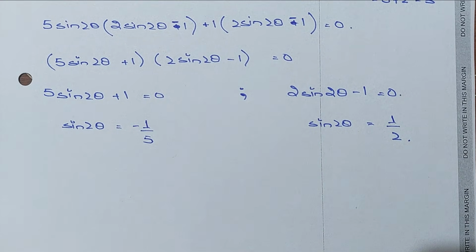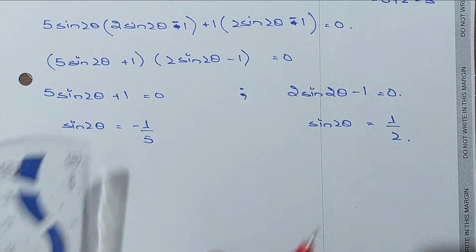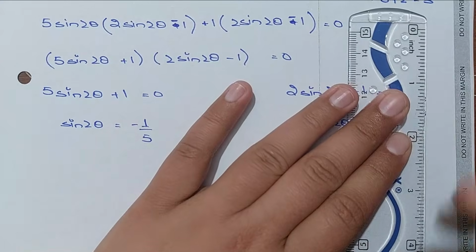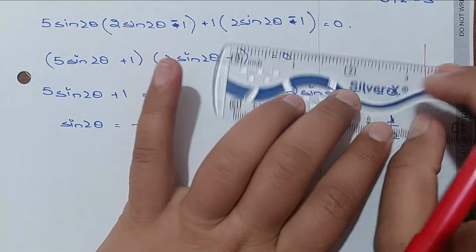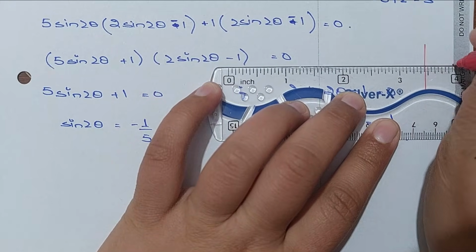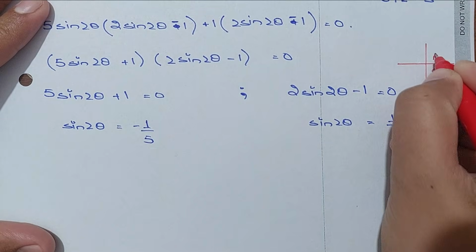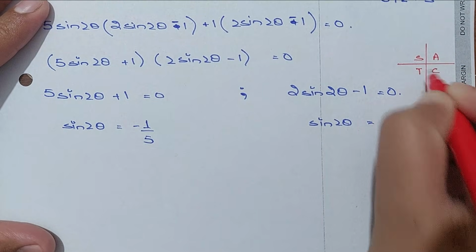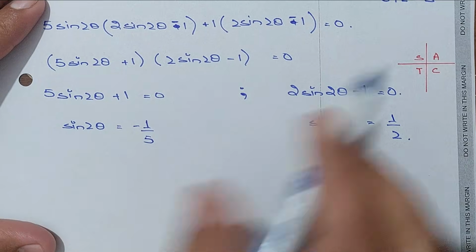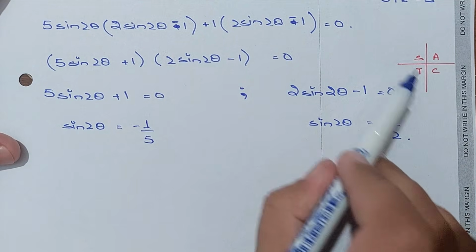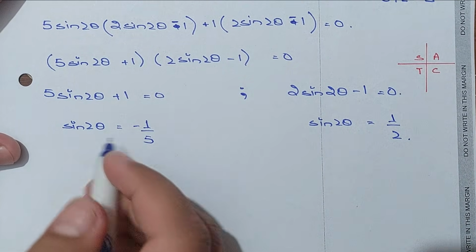So using the CAST rule, we have to check in which quadrants the sign is positive and negative. Use the CAST rule. This is C, A, S, and T. So sine is positive in the first and second quadrant and negative in the third and fourth quadrant.